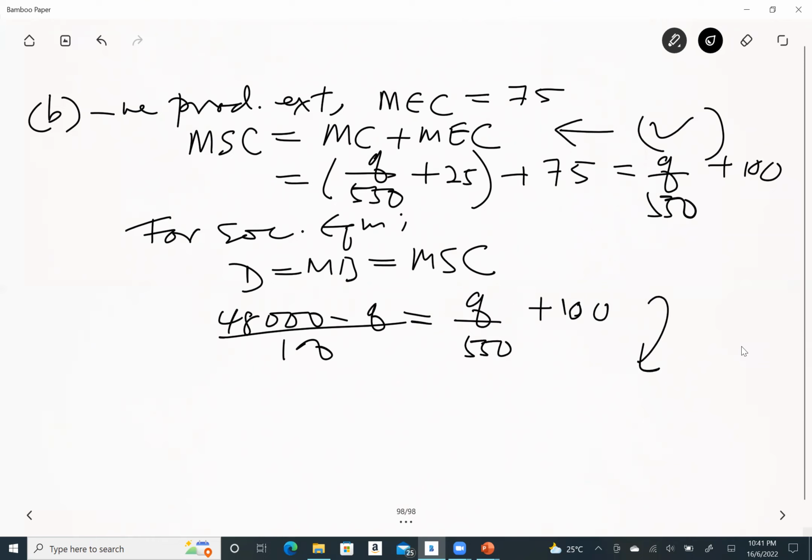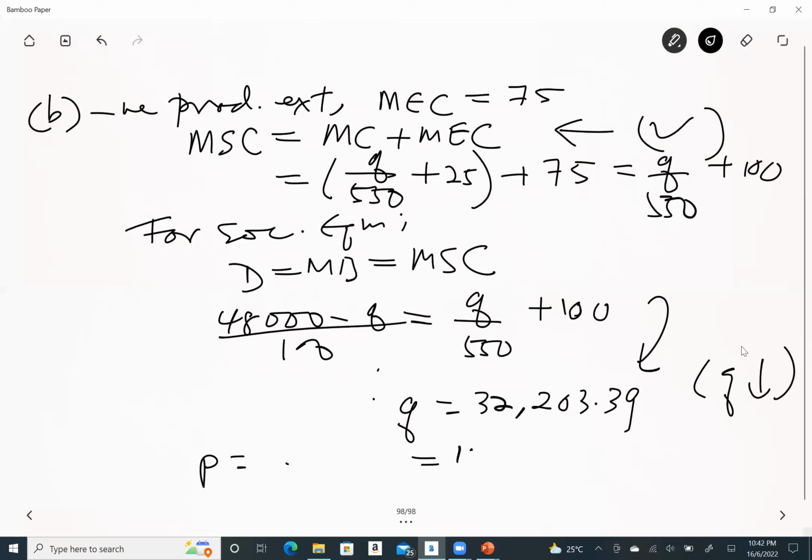If you do that, I got Q equal to 32,203.39. So quite consistent, because quantity is reduced. You see here quantity is lower. And then the price, you substitute into whatever function, and you get 157.97. So price goes up, consistent with the externality.